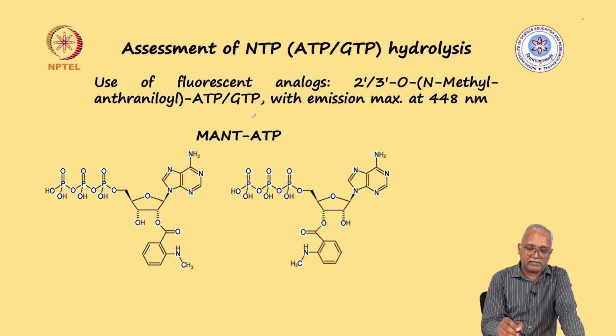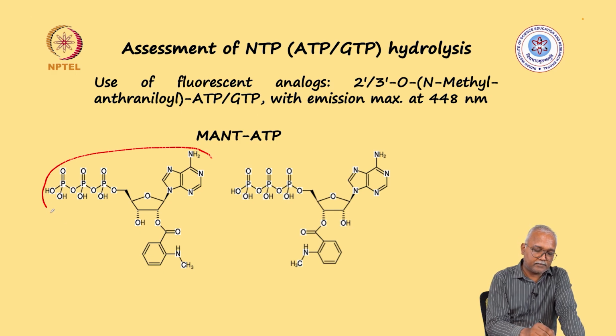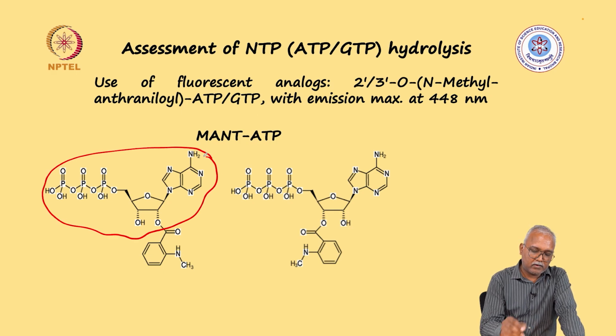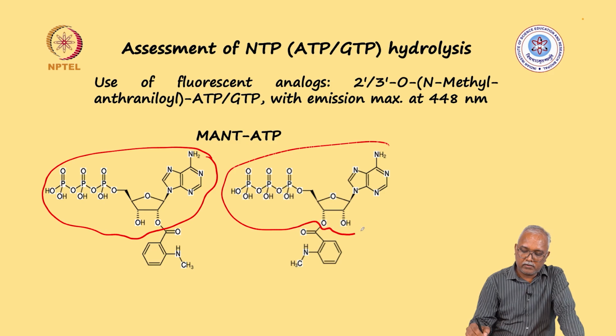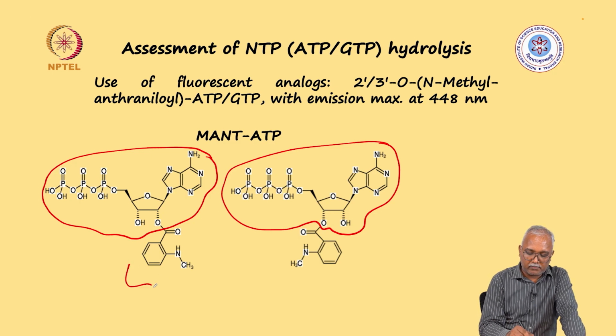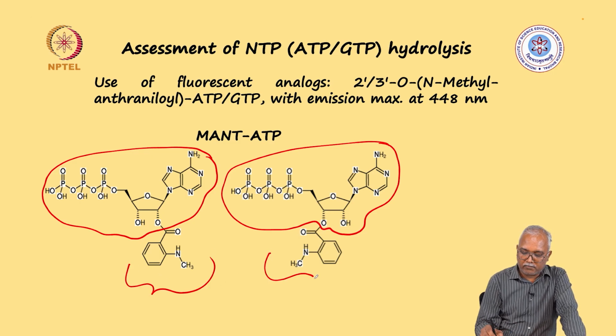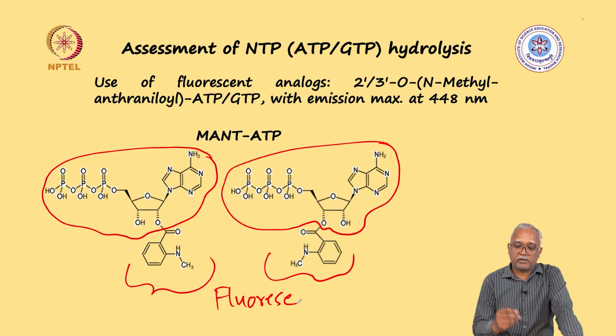You can notice here that this represents the nucleotide analog, where the 2' or 3' position is where the label is present in terms of fluorescent moiety. So, this is what is going to fluoresce. Now you can think of the same experiment.